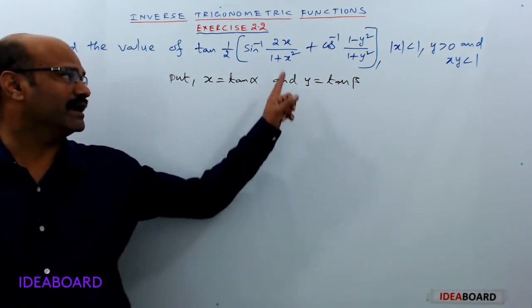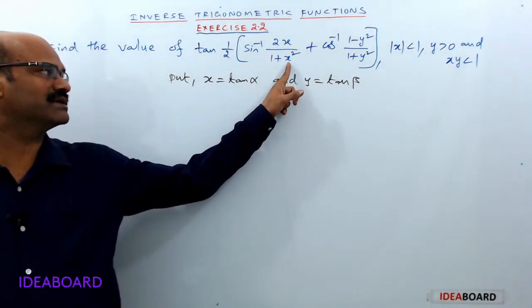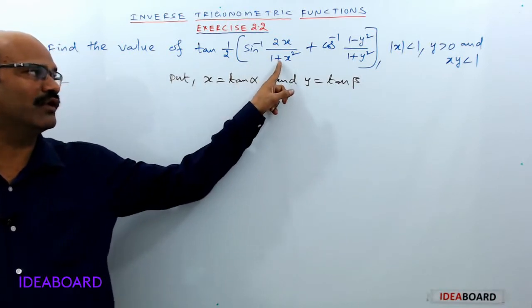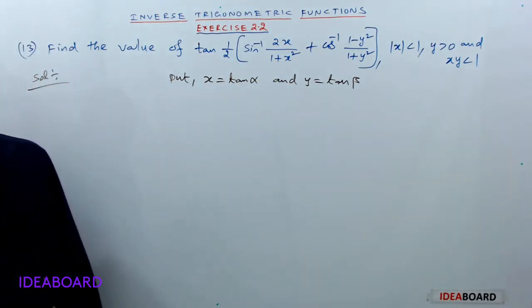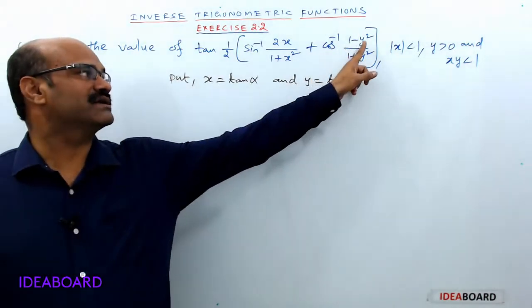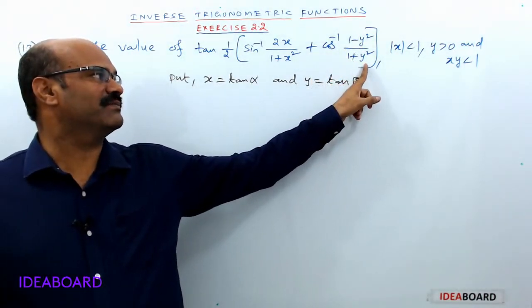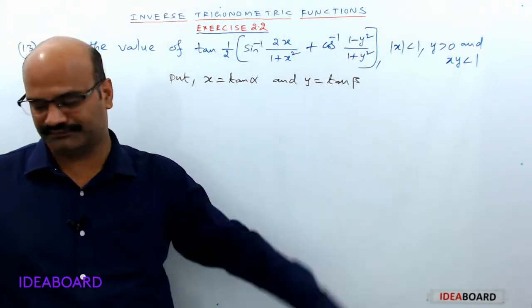Because we know that 2 tan alpha by 1 plus tan square alpha equal to sin 2 alpha. Also, 1 minus tan square beta by 1 plus tan square beta equal to cos 2 beta.